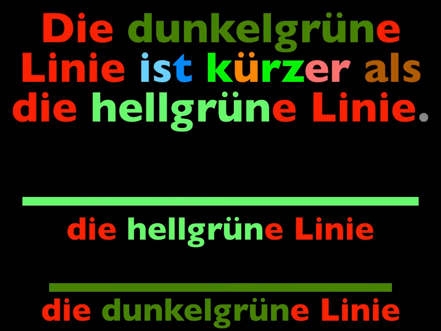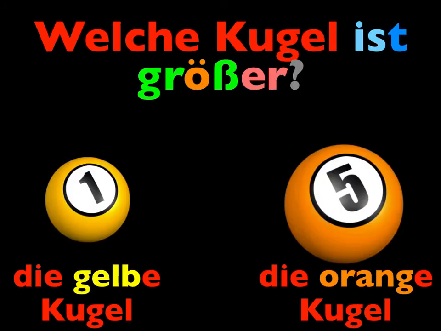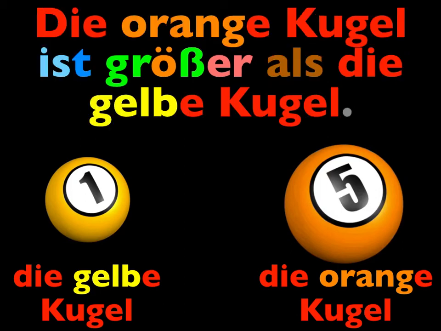Die dunkelgrüne Linie ist kürzer als die hellgrüne Linie. Welche Kugel ist größer? Die gelbe Kugel oder die orange Kugel? Die orange Kugel ist größer als die gelbe Kugel.